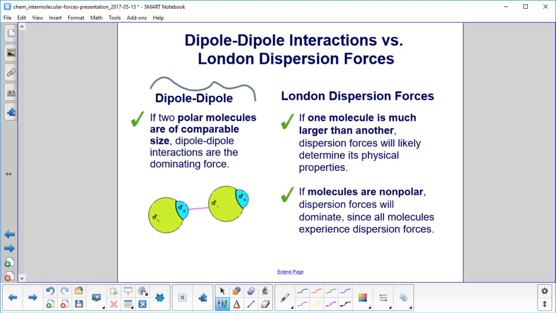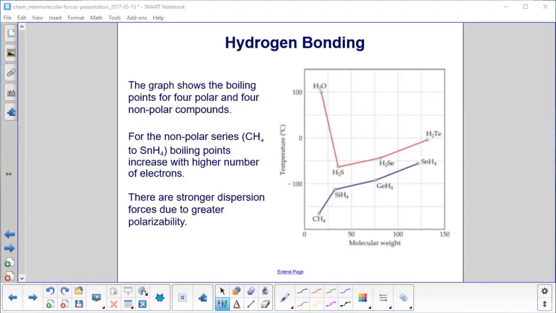However, if one molecule is much larger than another, dispersion forces will likely determine its physical properties, and that's the London dispersion forces. If the molecules are nonpolar, then dispersion forces will dominate, since all molecules experience dispersion forces, but not all have dipole-dipole forces. We're now going to examine the third type of intermolecular force, hydrogen bonding.